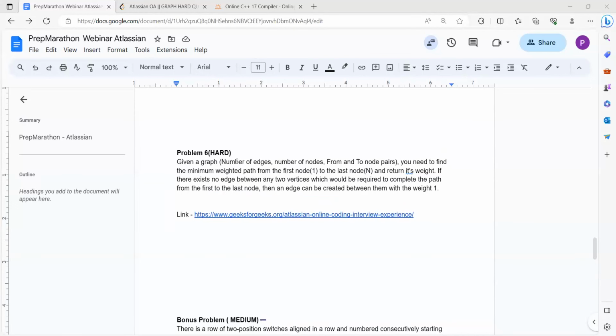So what you want is to go from the starting node to the ending node, and if certain edges are missing, you can create an edge with weight 1. And at the end you want the minimum weighted path from node 1 to the last node. For minimum weighted path we have certain algorithms.